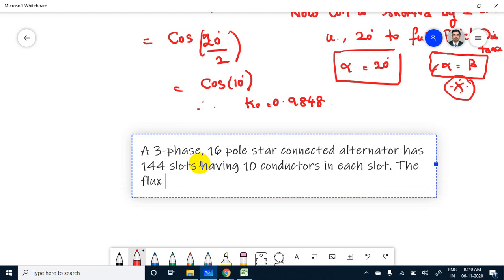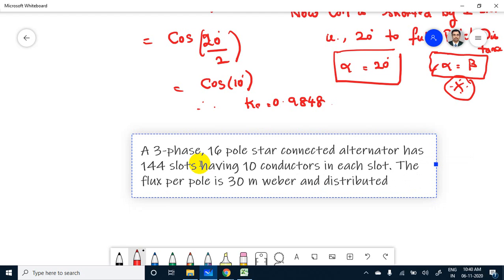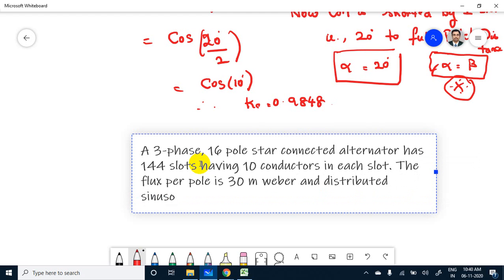The flux per pole is 30 milliweber, distributed sinusoidally, and the speed is 375 rpm.